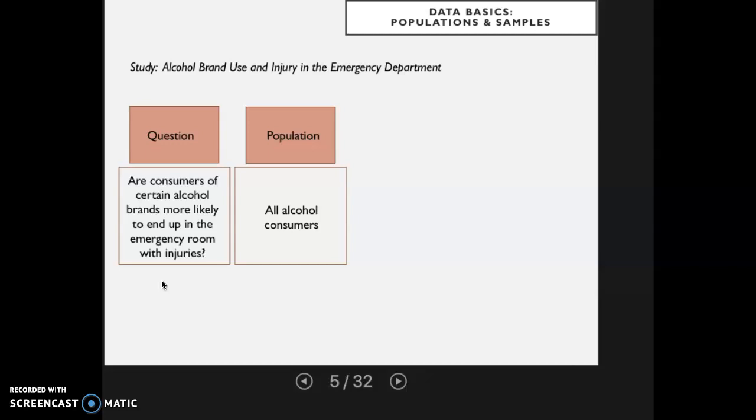Another thing to consider when faced with a new study or a data set is, what is the sample that was actually used? What are the characteristics of the individuals that were actually studied, that actually participated in the study, that actually provided us with data, the source of data?